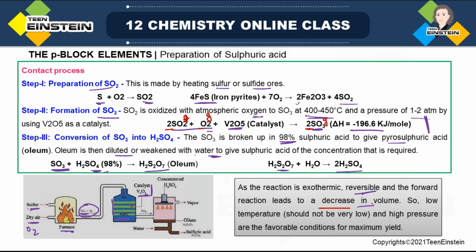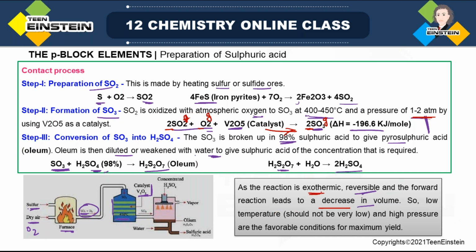So as we are increasing the pressure, the system will move towards forward direction, because in the forward direction volume is less. Okay, so the increase in pressure that we are doing from outside, that effect will be minimized. So that is why, as it is decreased in volume, pressure must be maintained 1 to 2 atmosphere. If it is less than that, reaction will not be possible.